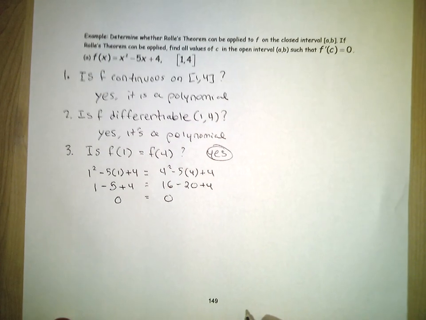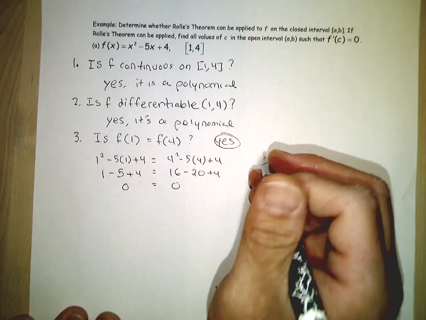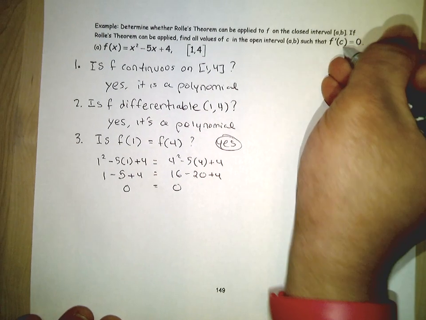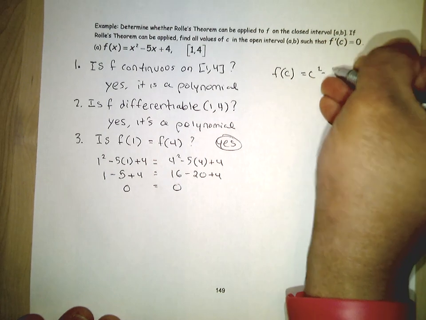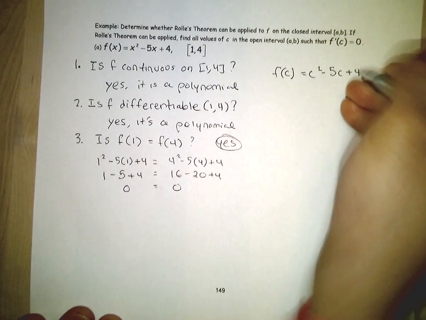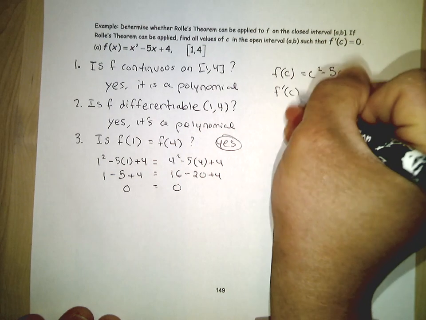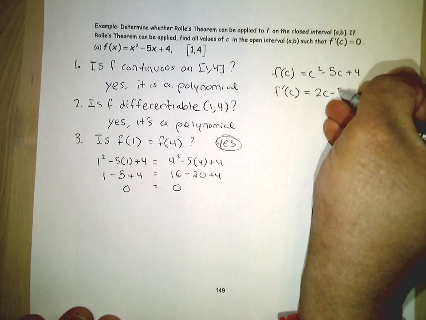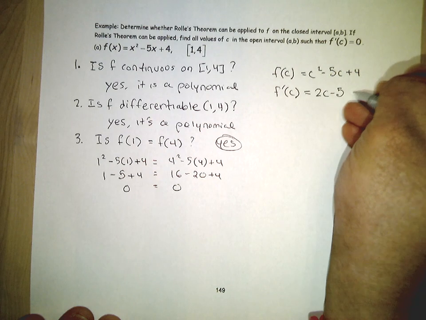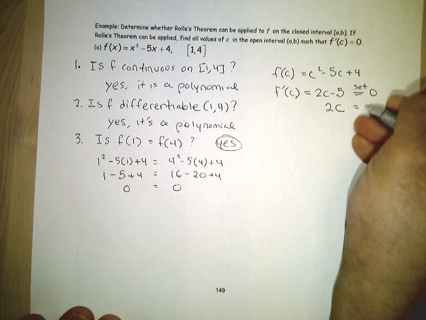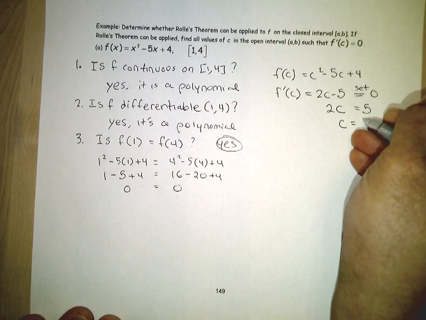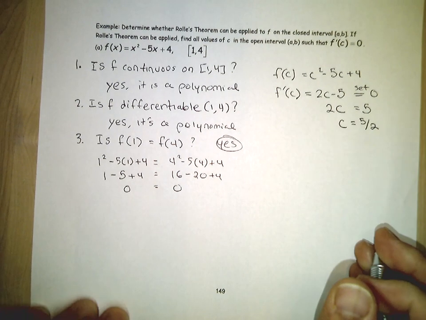And now that means I want to find the values such that f prime of c is equal to 0. Well, f of c is c squared minus 5c plus 4. So f prime of c is 2c minus 5. And I'm going to set this equal to 0. So 2c is equal to 5, and c then is equal to 5 over 2.